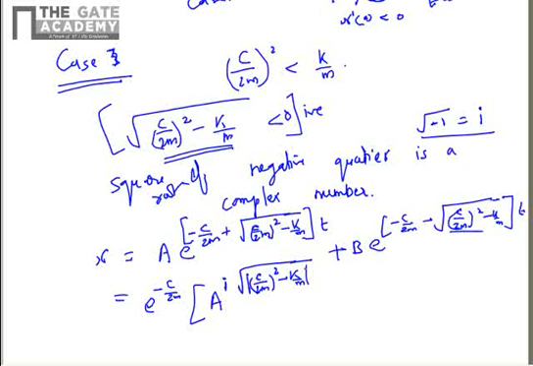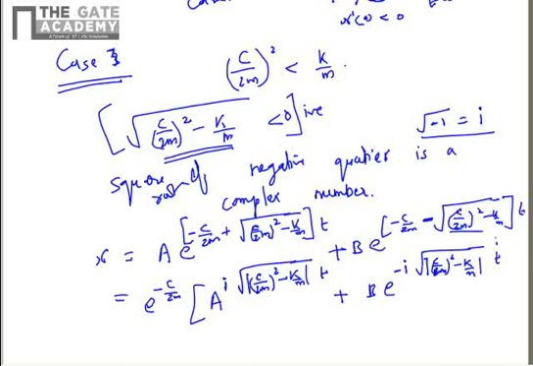You can take the square root of that, times t, plus b e to the power minus iota, and you get the same quantity, the absolute value of (c by 2m) whole square minus k by m, multiplied by t. So this is the equation for the underdamped case.